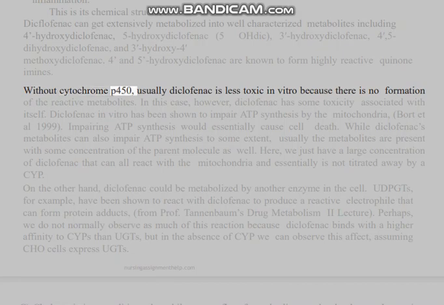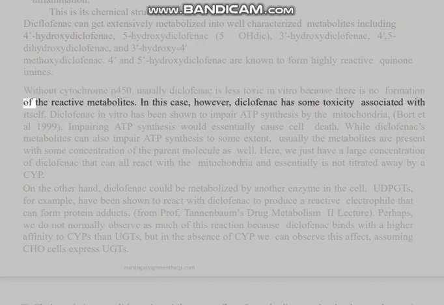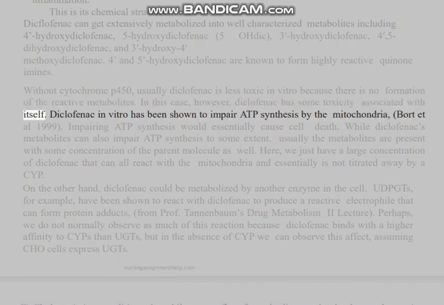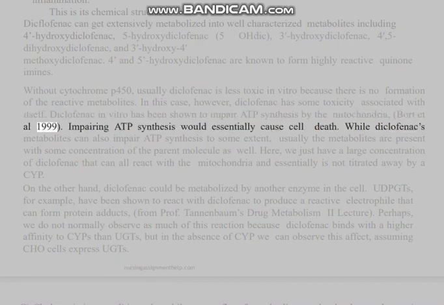Without cytochrome P450, usually diclofenac is less toxic in vitro because there is no formation of the reactive metabolites. In this case, however, diclofenac has some toxicity associated with itself. Diclofenac in vitro has been shown to impair ATP synthesis by the mitochondria, Bort et al. 1999. Impairing ATP synthesis would essentially cause cell death.